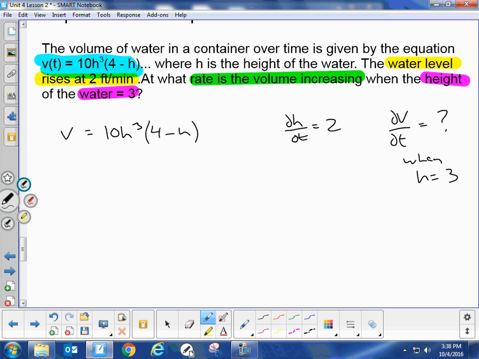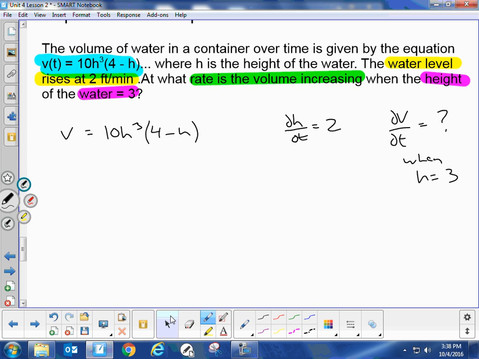Now, here's the key. You can't just plug in 3, because the height of the water is changing. It's a variable quantity. If there's anything that was a fixed quantity that's always going to be true, I can plug that into my formula. But if we have things that are changing, don't plug them in. We're finding dV dt at the specific moment when the height is equal to 3.